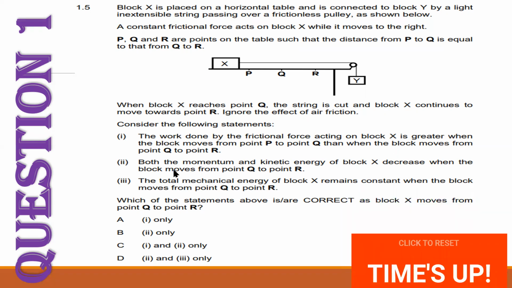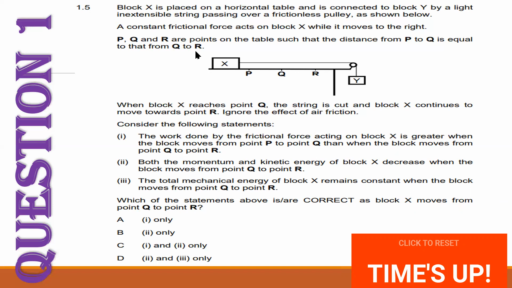Let's check. First one: the work done by the frictional force acting on block X is greater when the block moves from P to Q with Y than when the block moves from Q to R. Friction force, what's going on? Friction force greater? No, friction force is the same.